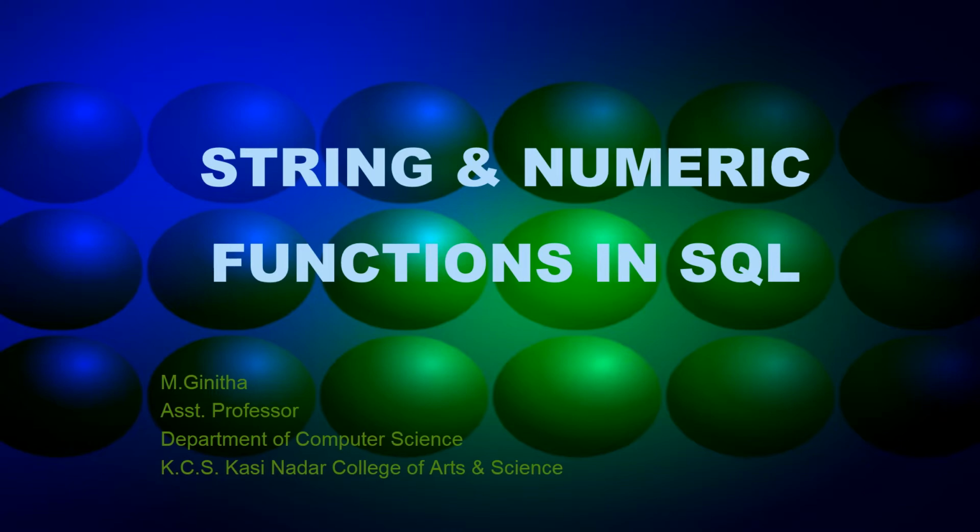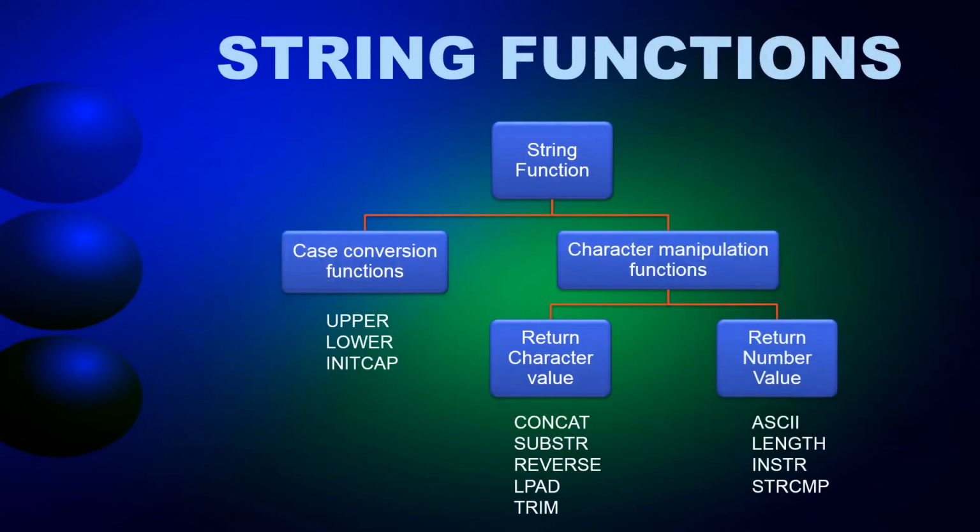In this video, we are going to see about string and numerical functions in SQL. See the string function. A string function is a function which manipulates string data. String functions are divided into two types: case conversion function and character manipulation function.